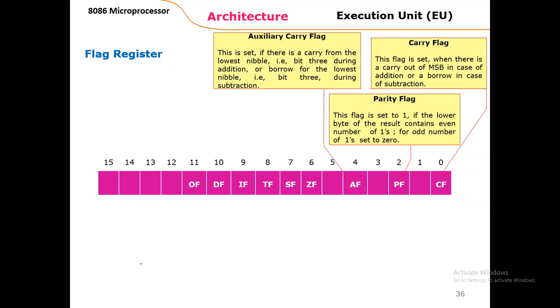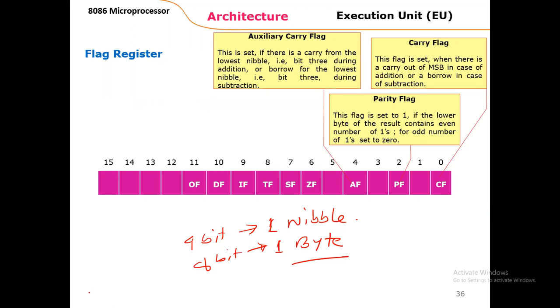Then another point, 4 bit is equal to 1 nibble, and 8 bit is 1 byte. All are clear? 8 bit is 1 byte and 4 bit is a nibble. This is the after 4 bit, this is a nibble addition.